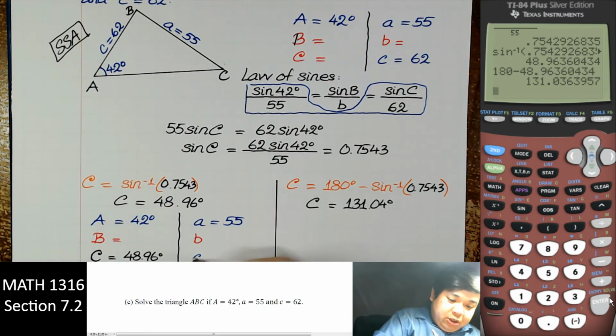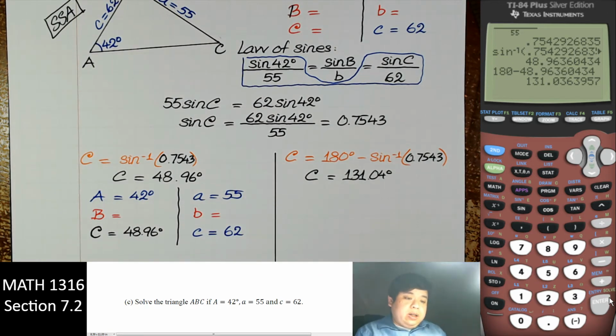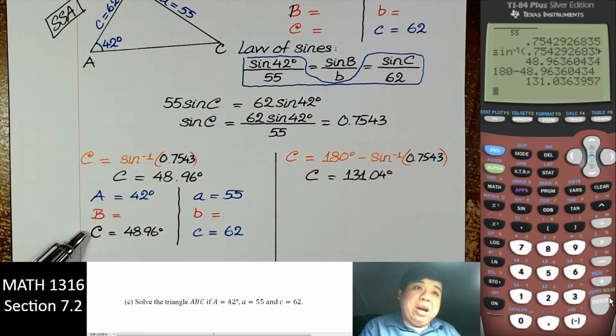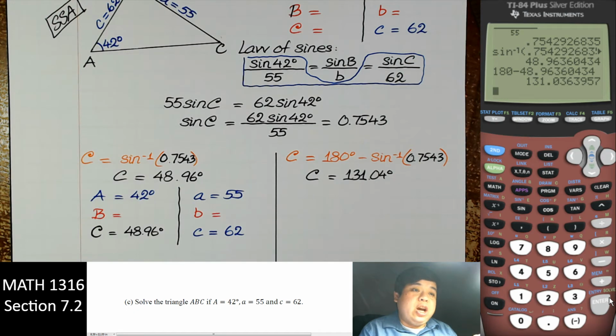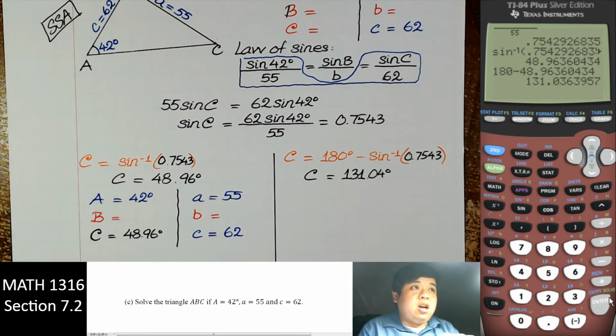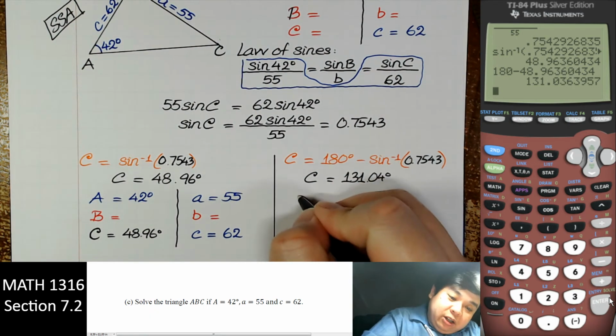And little c we know is 62. Right. Let's check real quick. Bigger angle, longer side. So this one may work. Because when we have everything, we put it back and check. But for now, that certainly checks. Bigger angle, longer side. That's good. How about the other one?